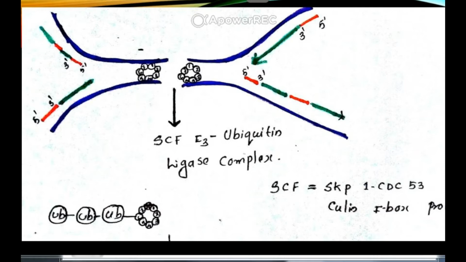SCF means SKP1, CDC53 (cullin), F-box protein. This protein comes and catalyzes the ubiquitination of the MCM7 protein, the helicase subunit at the 7th position.